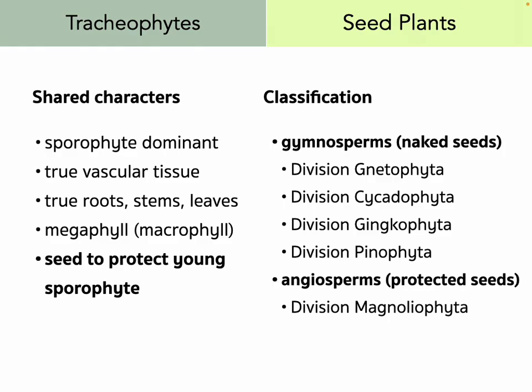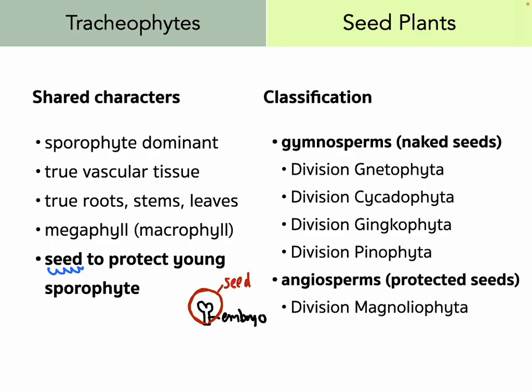So the seed plants, the plants you see are sporophytes. They have a vascular system through root, through stem, through everything. And these have megaphylls, and the key word here is that they have the seed to protect the young sporophyte. They have this little embryo inside, and they have the seed to protect it. That's the key word.